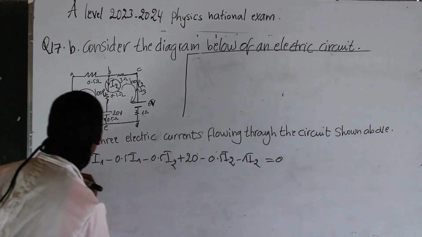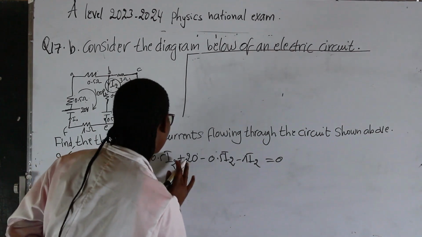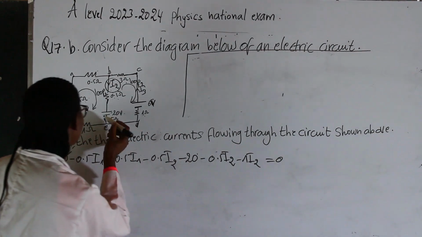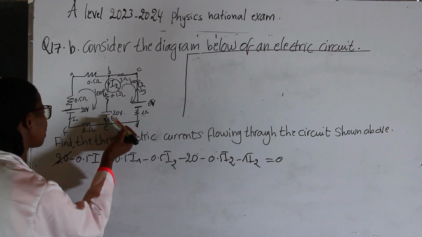Solving this equation, here it is minus because it is in the opposite direction of the loop.